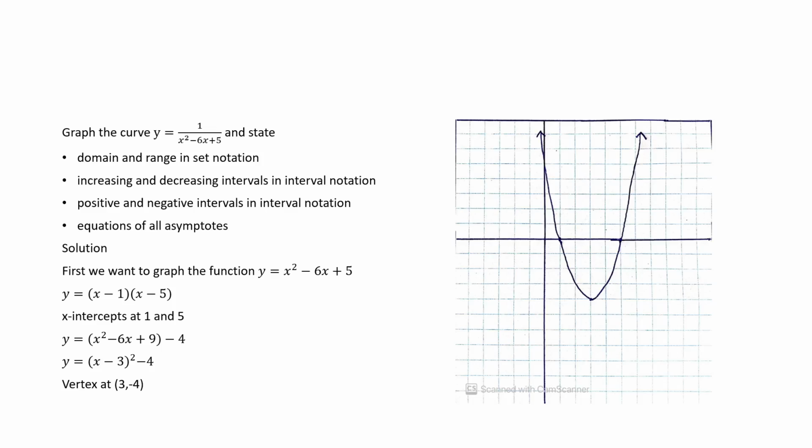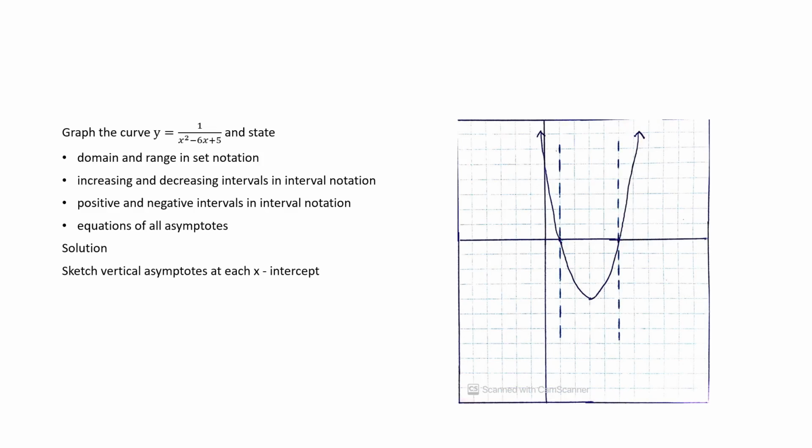Okay? Now that we've sketched that parabola, we remember we want to draw a vertical asymptote at every x-intercept, like that. We remember that we want to indicate every point on the curve with a y value of 1 or a y value of negative 1 because we need to cross that parabola at those points.